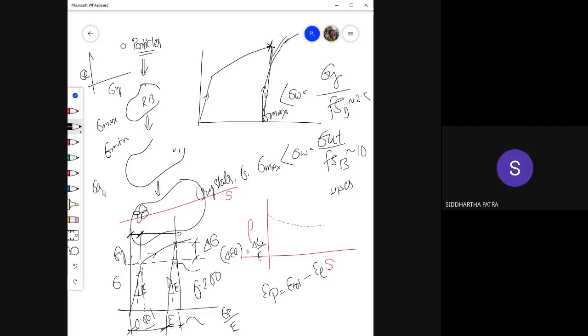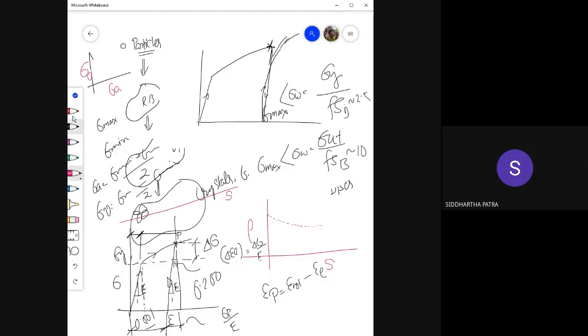Then you calculate the sigma average, that is sigma max plus sigma min divided by 2, and then sigma v, the variable part, is sigma max minus sigma min divided by 2. You take one of the axes as sigma a, the other one being sigma v.